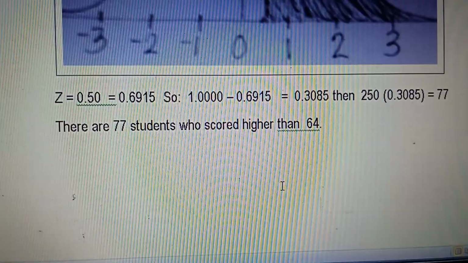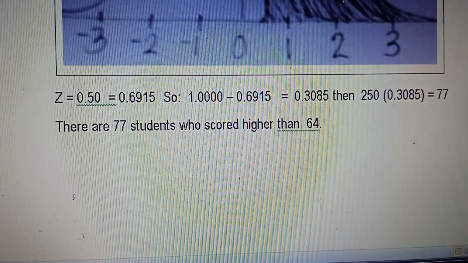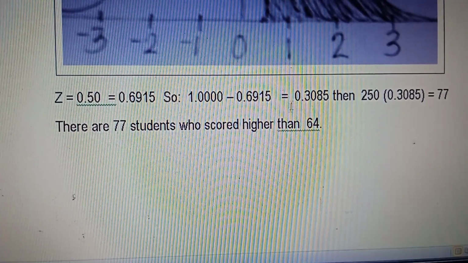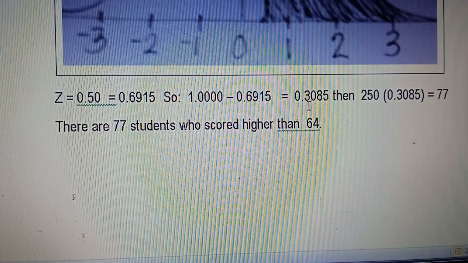Okay, so from the z table, z equals 0.5 has a value of 0.6915. So subtract 0.6915 from 1, because the total area of the region under the normal curve is 1. So that we can get this area above z equals 0.5. So 1 minus 0.6915 equals 0.3085.